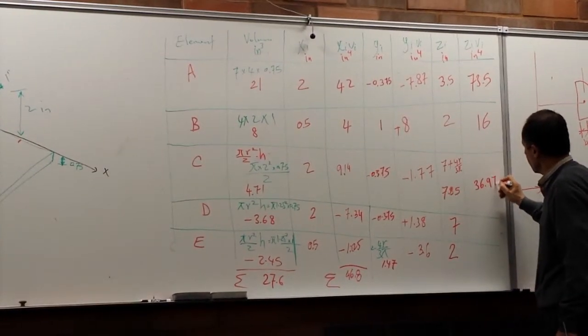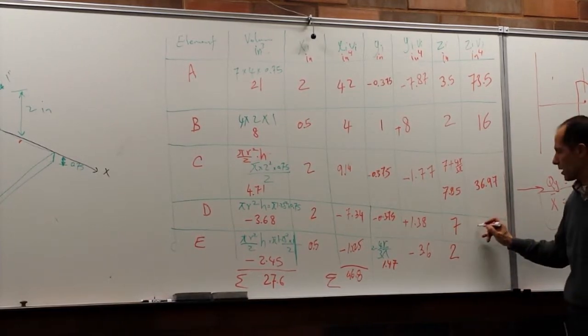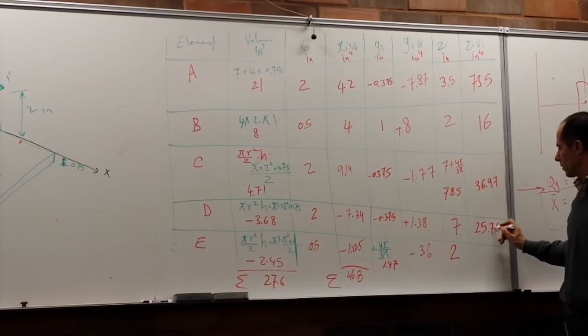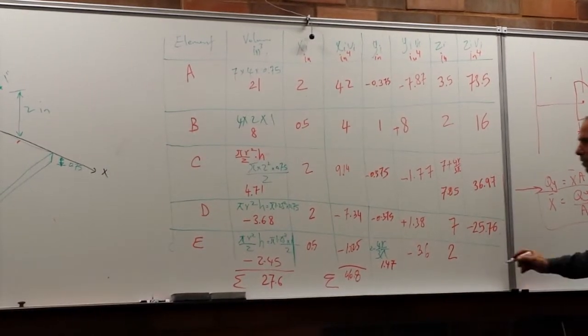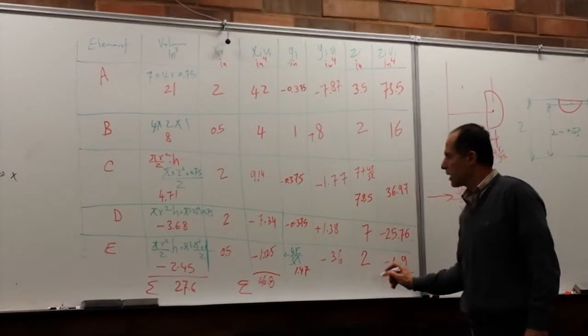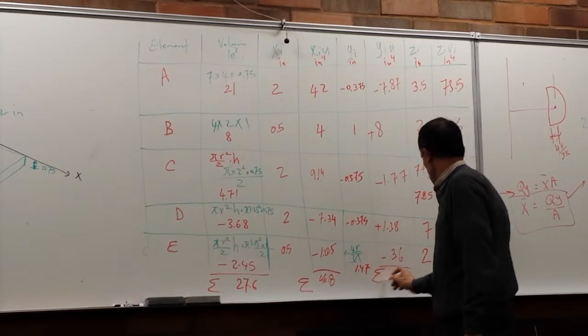Negative 368 times 7 point something is negative 25.76. And 2 times 4.9 is negative 4.9. Give me the summation, please. And summation here. Summation and summation.